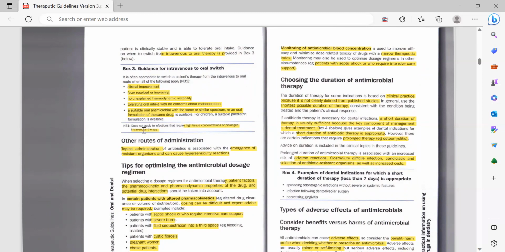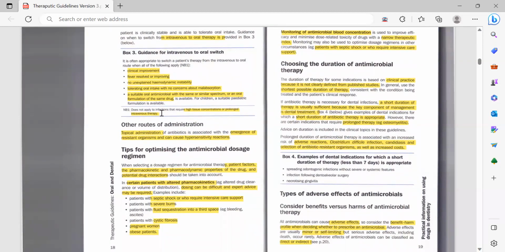For children, a suitable pediatric formulation is available. This does not apply to infections that require high tissue concentration or prolonged intravenous therapy.